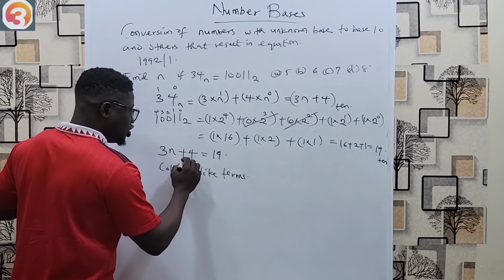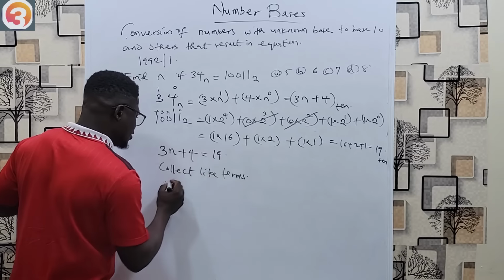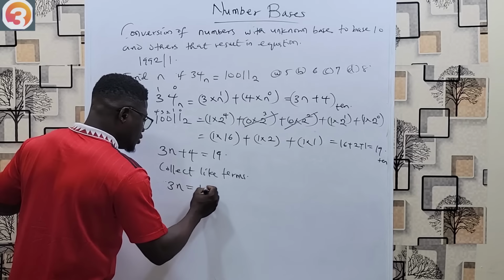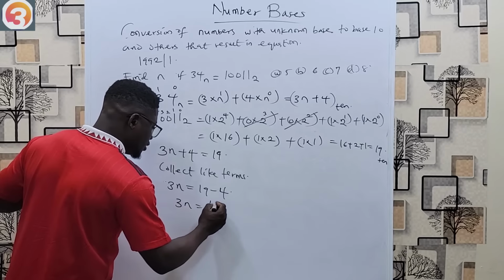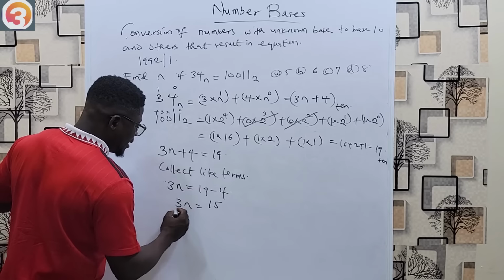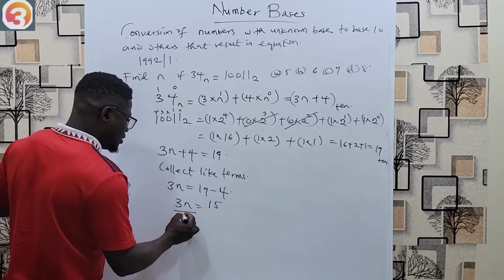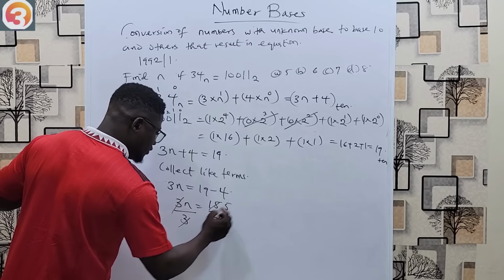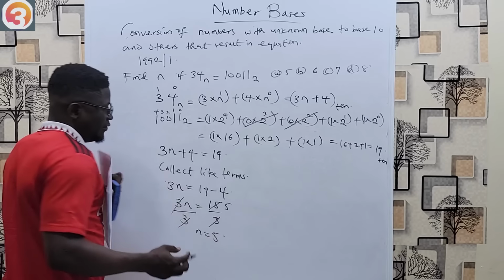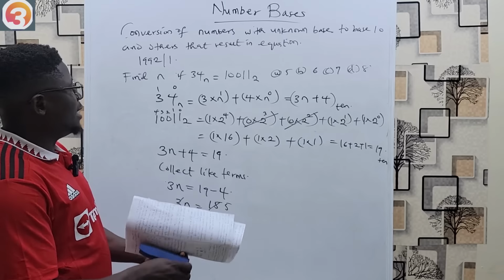If 4 is crossing the sign of equality, it turns to minus. We're going to have 3n is equal to 19 minus 4. So 3n is 15. Divide both sides by the coefficient of n, which is 3, all over 3. 3 will cancel 3. 3 here is 1, 3 here is 5. So your n is equal to 5. Very simple. Simple as A, B, C.